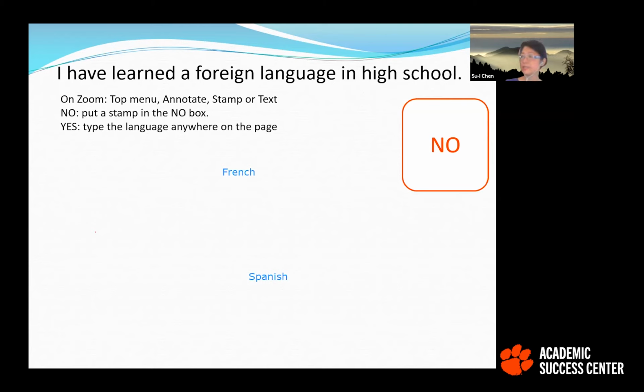I can see French, Spanish, two people, two languages. Another Spanish. Great. For example, if I'm going to say I haven't learned anything, I'm using my iPad to do this, so I'm going to choose this one. I am a "no" person. So just make a mark. Very nice.